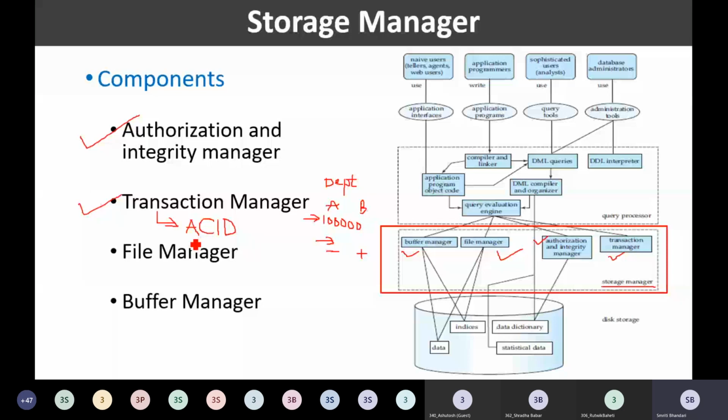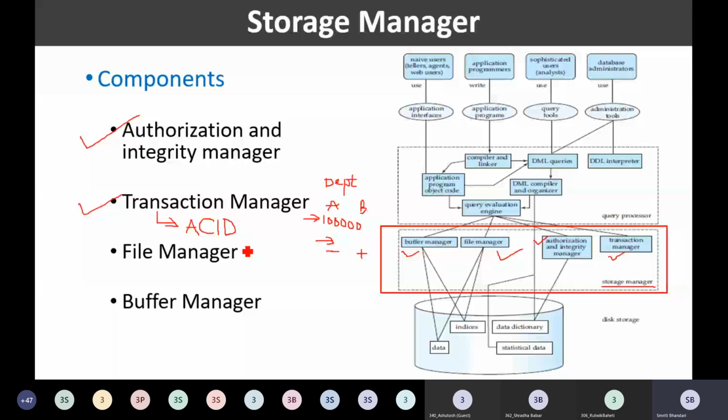A stands for atomicity, C stands for consistency, I stands for isolation, and D stands for durability. So every transaction in my database system should follow ACID properties.